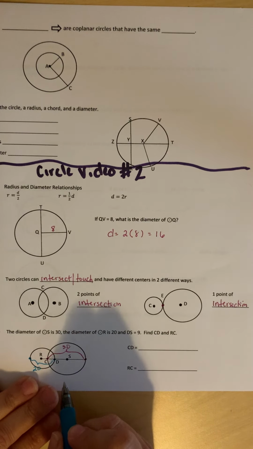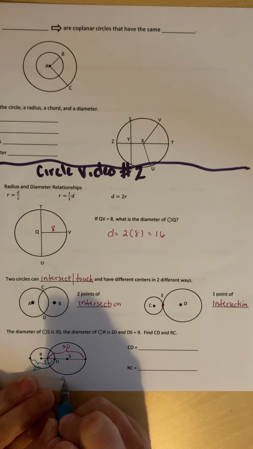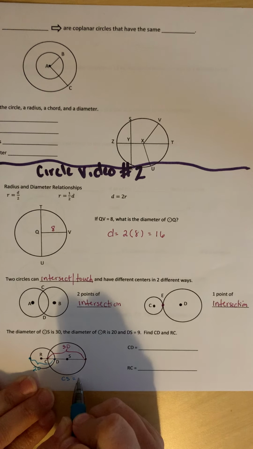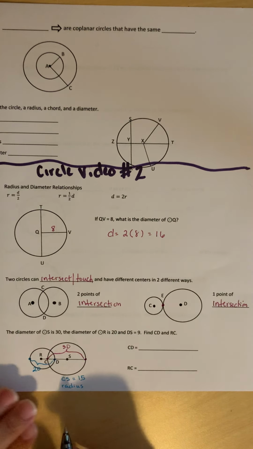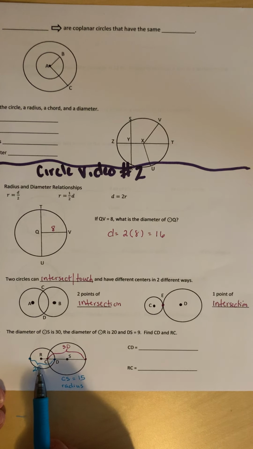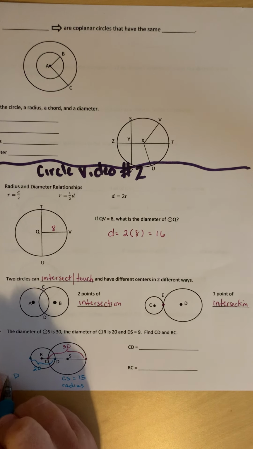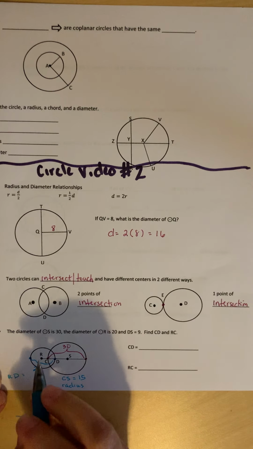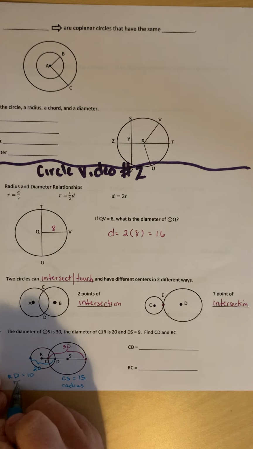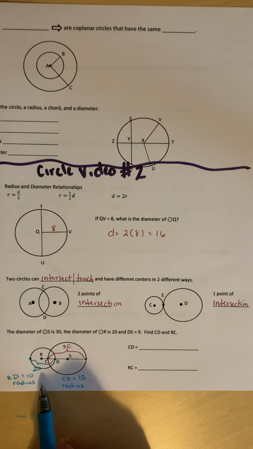So the radius from, let's say, C to S is 15. And then the radius of circle R is from R to D. Your radius, if the whole entire diameter is 20, that would mean your radius is 10. Because remember, the radius is half of your diameter.